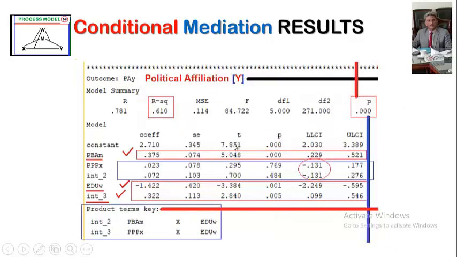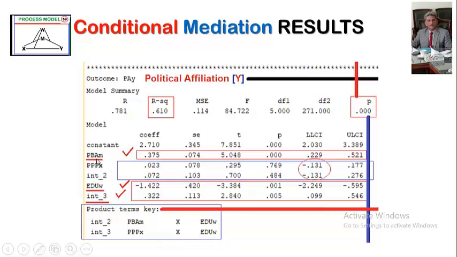The next result is the main result. It is about the prediction of Y variable, the dependent variable, political affiliation, by 1, 2, 3, 4, 5 variables.